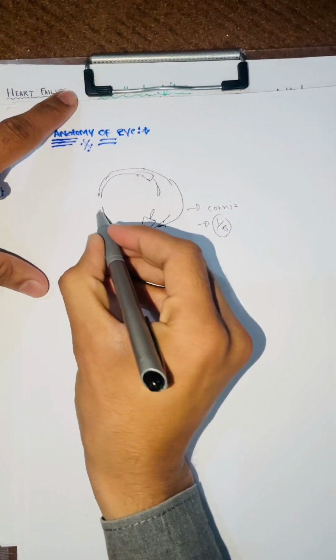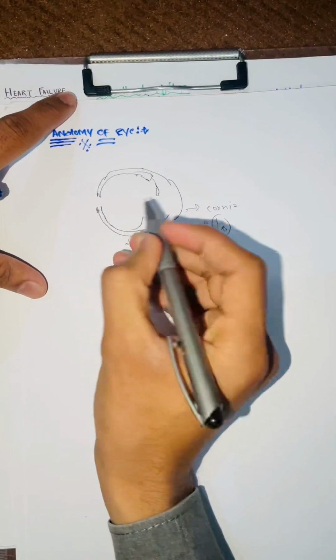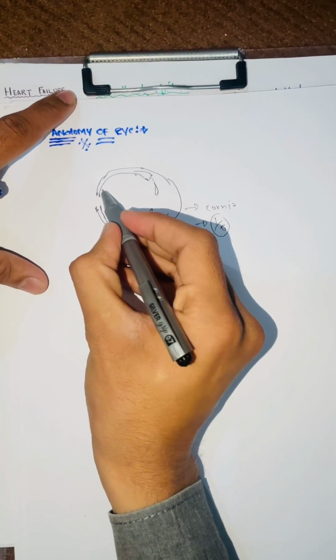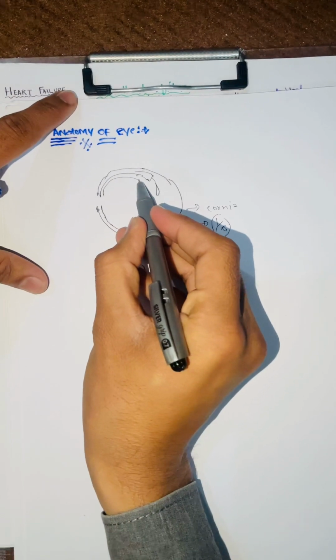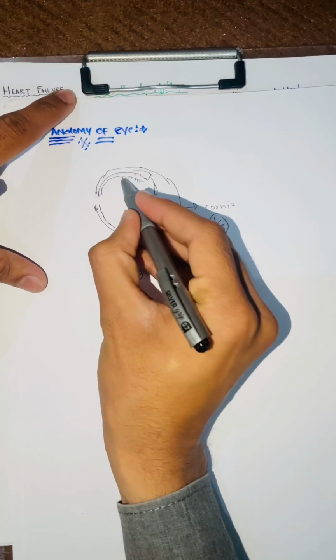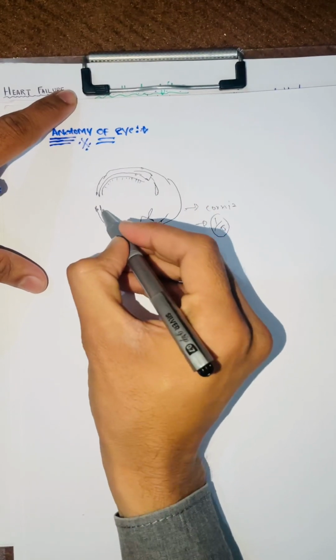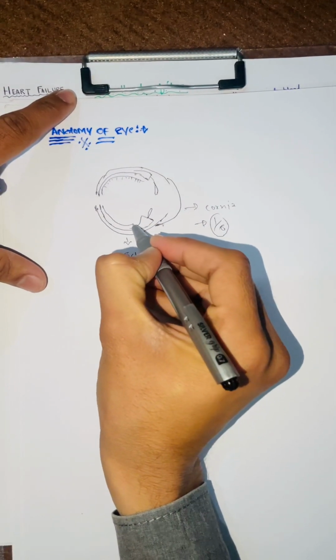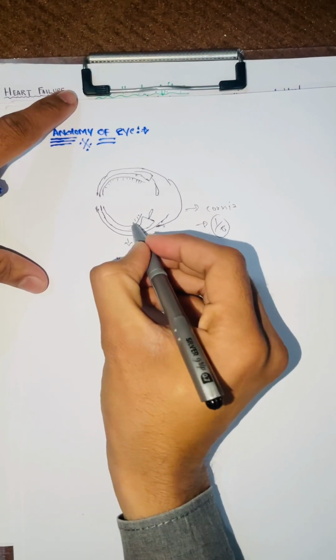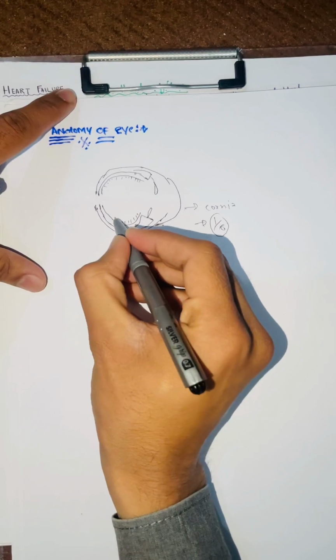The internal layer is the retina, which consists of two layers. The one is pigmented, the second one is neuronal. This one is the neuronal layer.